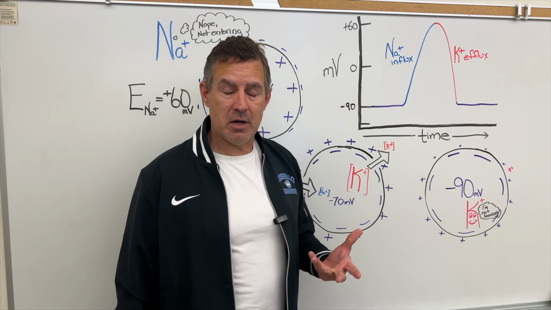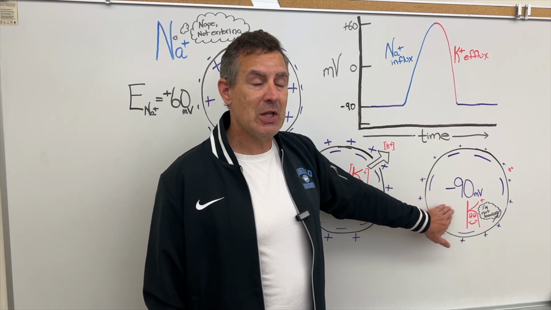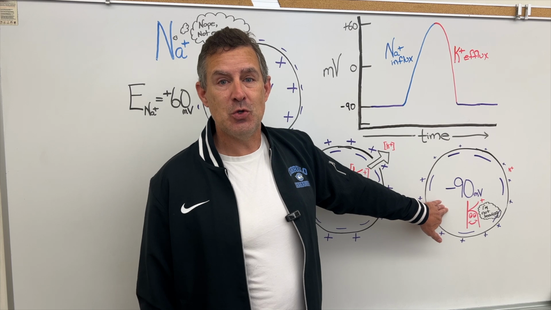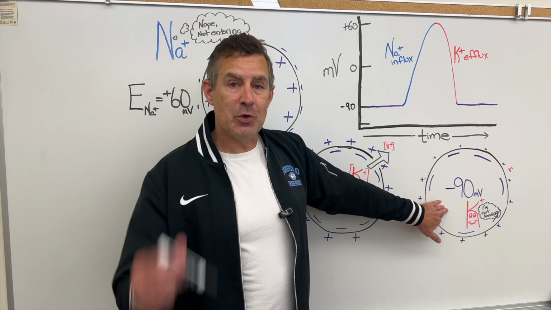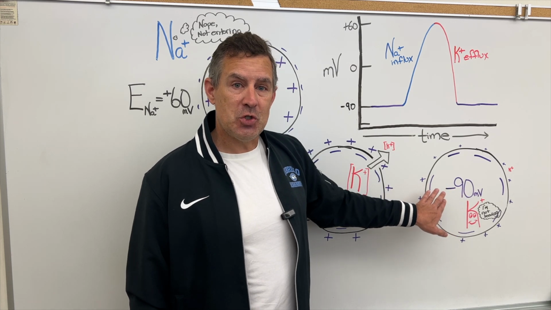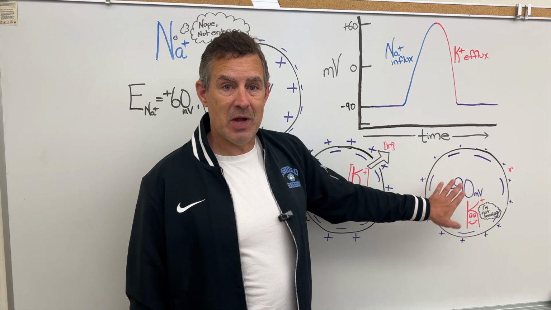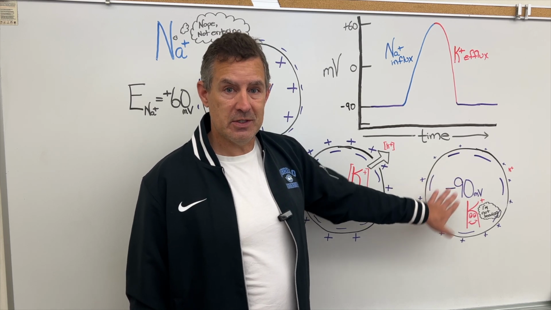Hopefully it's more understandable that way. Potassium, when it becomes super negative in the cell, even though it still has the huge chemical gradient, is going to stay in the cell because potassium's positive charge is attracted to the super negative charge, at -90, of the interior of the cell.